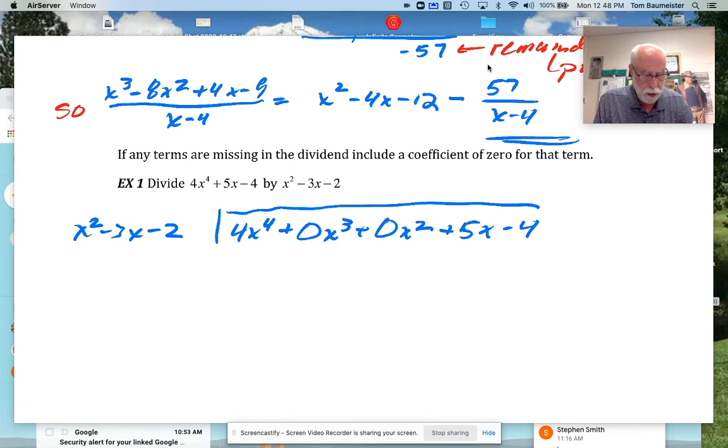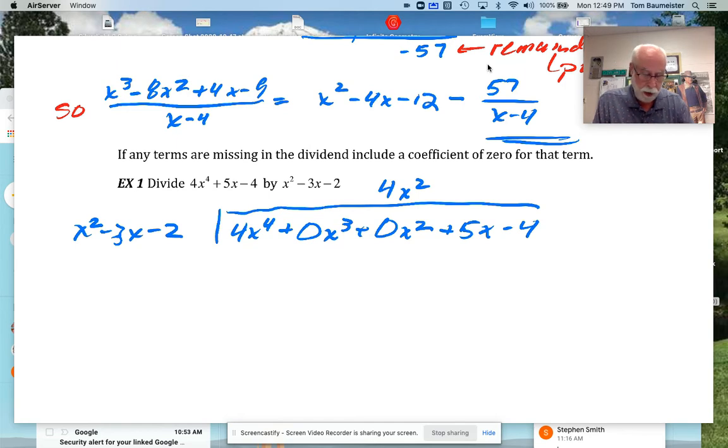So again, look at the first term there. x squared times what gives us 4x to the fourth? And you would tell me that would be 4x squared. So again, I'm going to put it over the x squared. That kind of tells me how much I have to go.